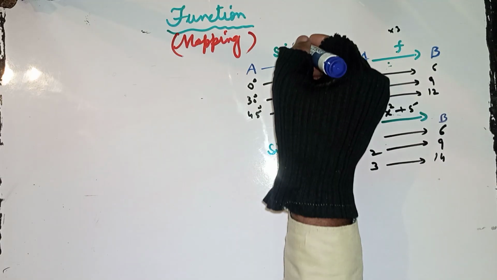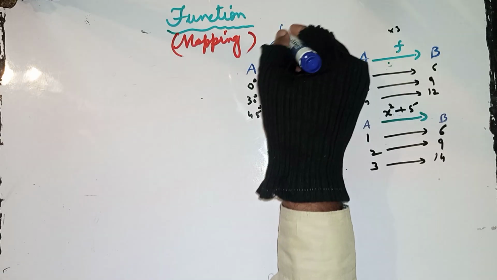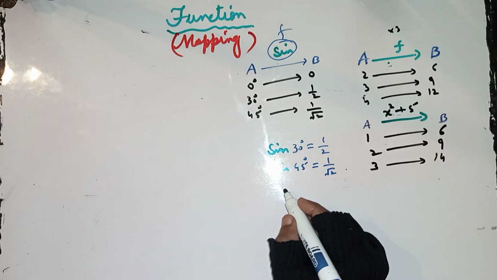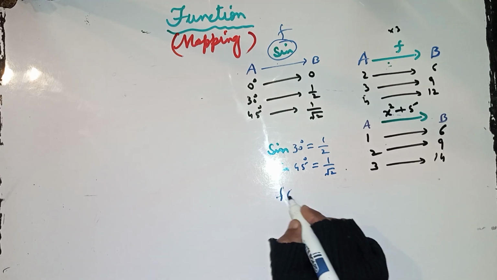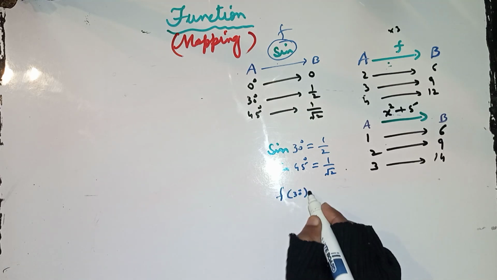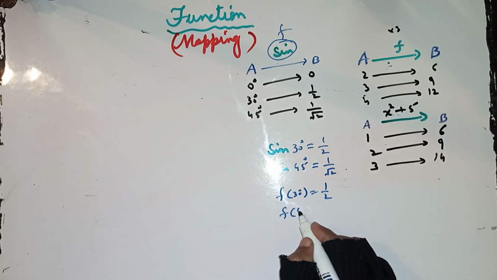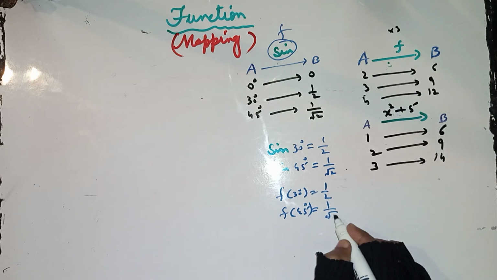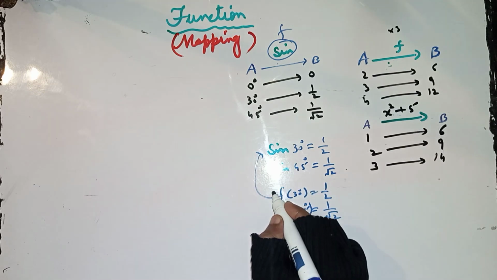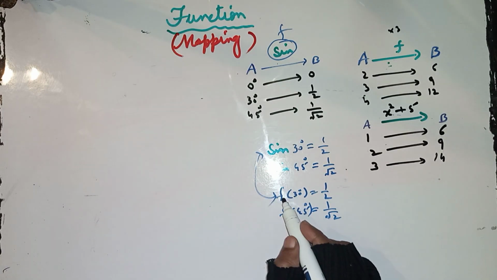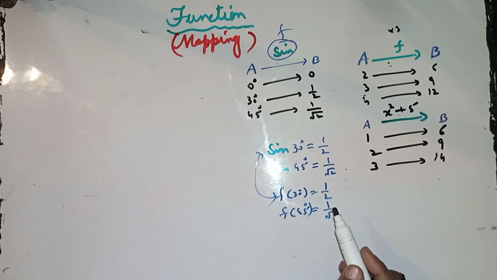If I don't write sine here, I write function f. How can I write these two operations? F of 30 is 1 by 2. F of 45 is 1 over under root 2. What is the difference between these two? Here the operation is given, here the operation is not given.